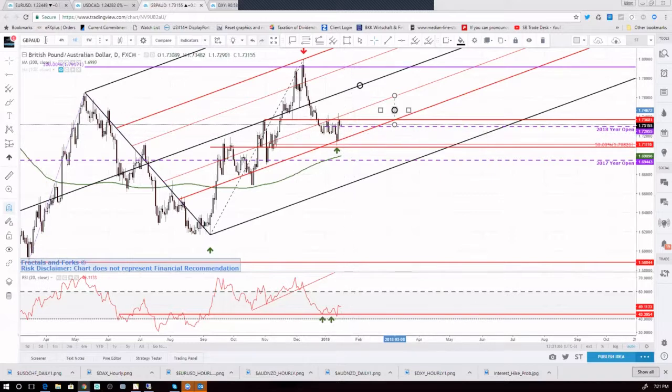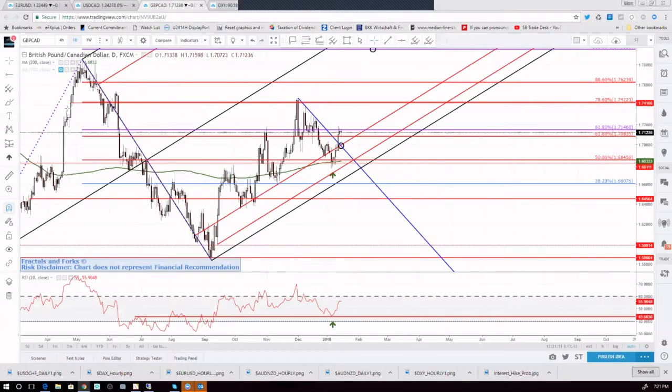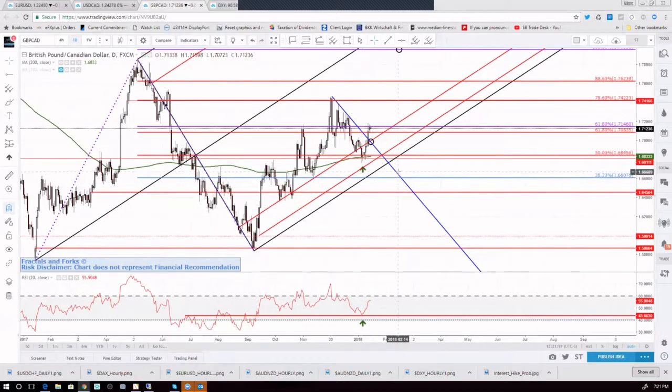And probably, well, I wouldn't, because it's a CAD pair, right? Now this one, let me get rid of this trend line. This one, as I would think, if you get a rate hike, at this level it's actually not bad to try a short right before the announcement.